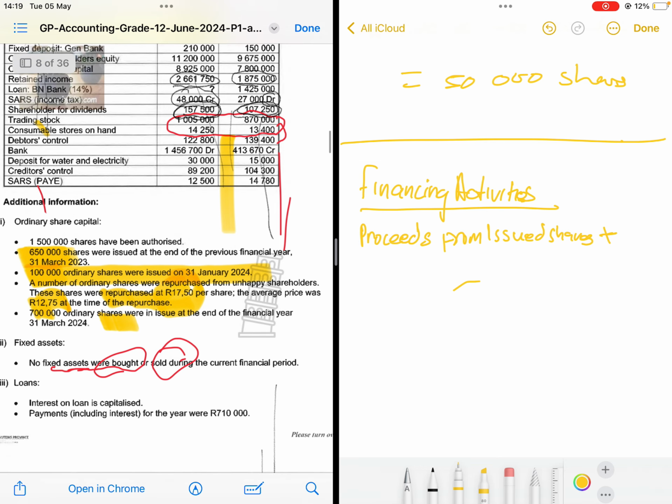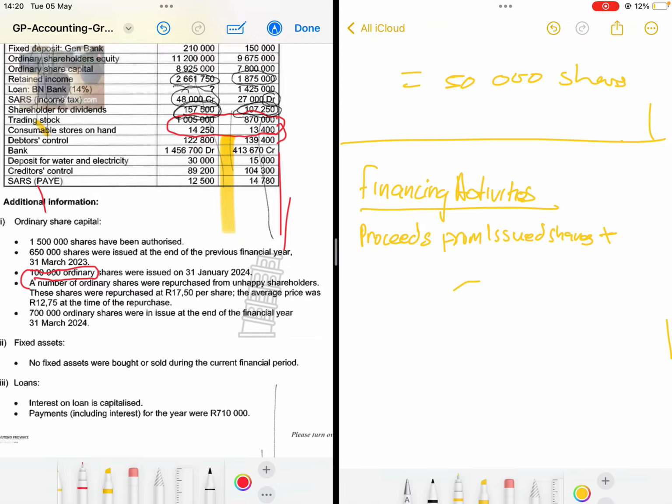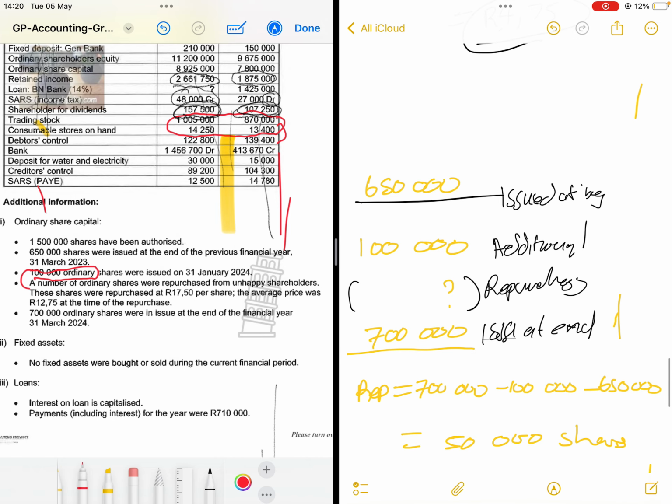We sold the shares of 100,000, but you don't know the price. Look, I'm going to complete my share capital. So here is 50,000 shares.